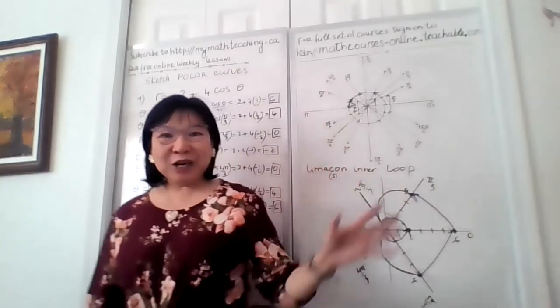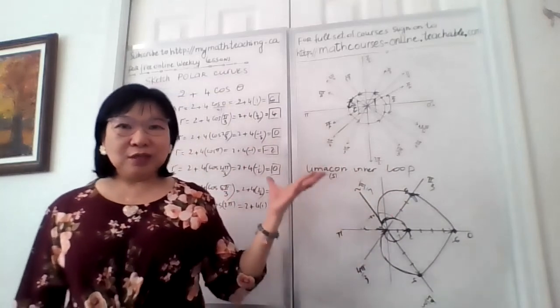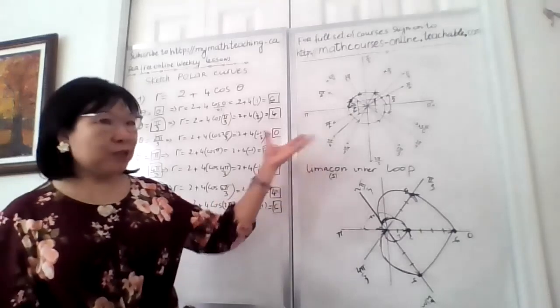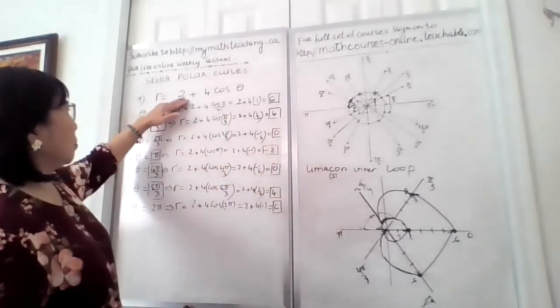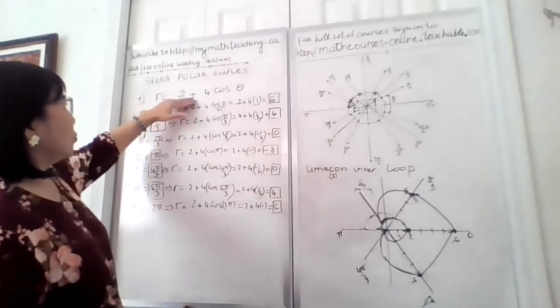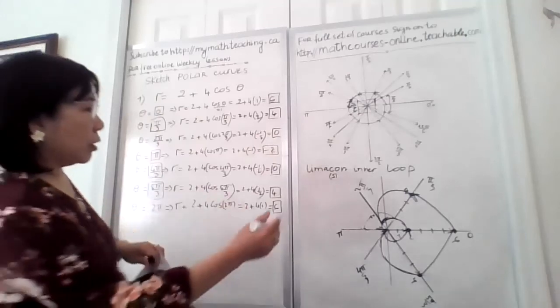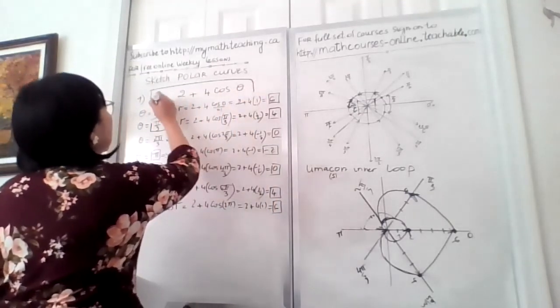So anyway, I hope that you enjoy this video, the way I show you how to scale the plotting of the coordinates, the unit circle, and plot the polar curves. r equals 2 plus 4 cos theta. So this polar curve has the equation, this is the equation.